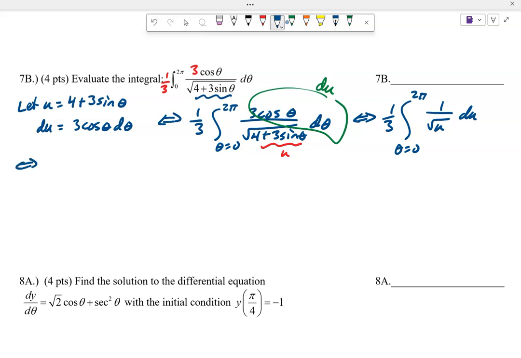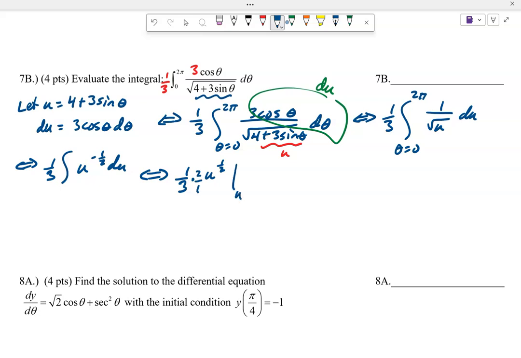So we'll rewrite that as 1/3 u to the negative 1/2 du so that we can go ahead and run our power rule with that. So we've got 1/3 u to the negative 1/2 plus 1, so that'd be u to the positive 1/2 all over 1/2. Well, if it's all over 1/2, it's really multiplied by the reciprocal, 2 over 1.